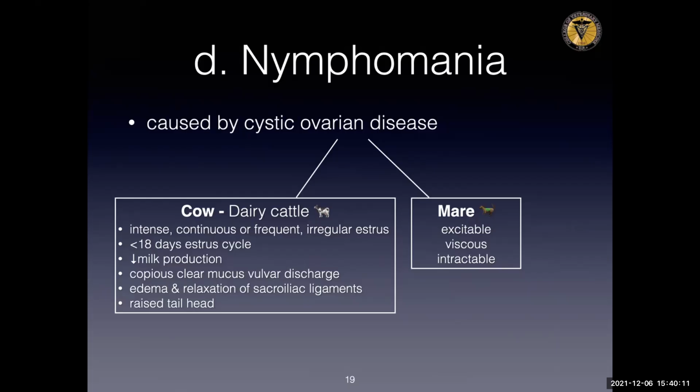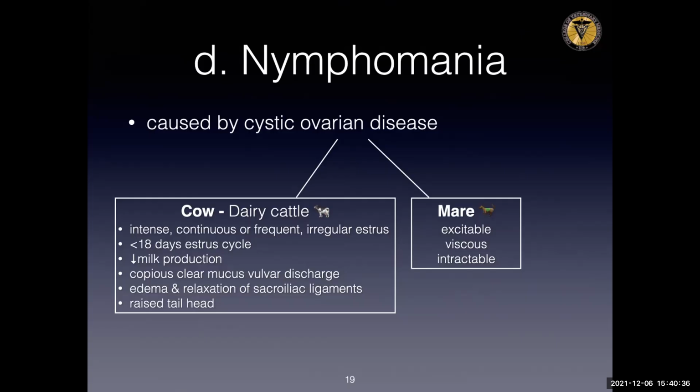If it's not hitting the 21-day cycle, if it's coming back into heat even before that, that's one of your major clues. And the others are just the external signs shown when the animal is in heat. When the animal is already nymphomaniac, the milk production decreases.